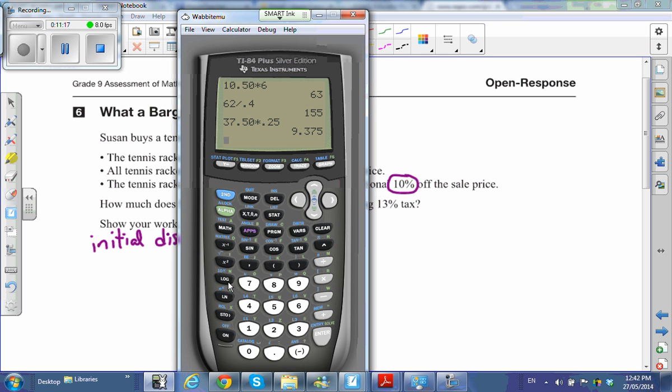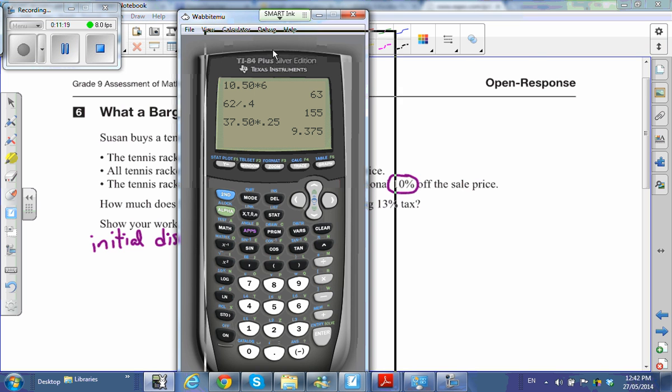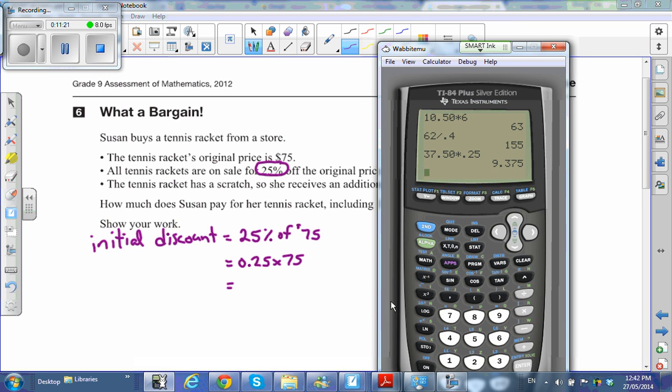Oops, I punched in 37.50. I kind of got ahead of myself there. Okay, so let's check that again. So it's 75. Now, because it was 37.50, I could really just times this by 2. Trust me, it'll be the same. So it's 18.75.